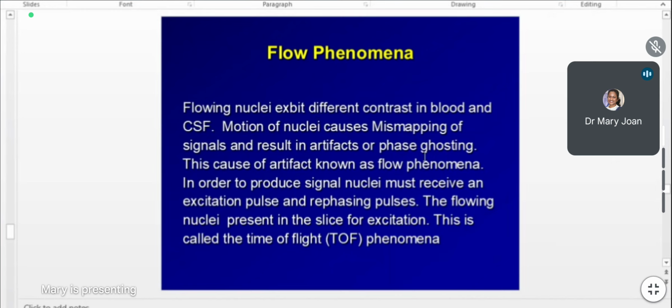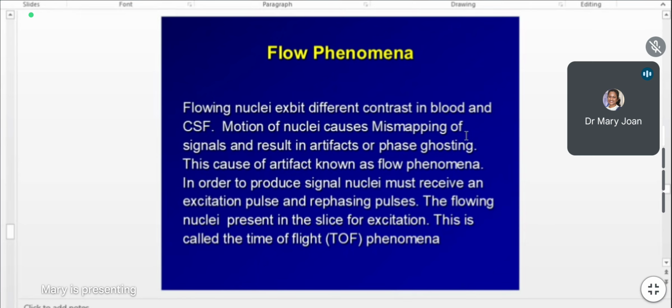This cause of artifacts is known as flow phenomena. In order to produce signal, nuclei must receive an excitation pulse and a rephasing pulse. The flowing nuclei must be present in the slice for excitation. This is called the time of flight phenomenon.